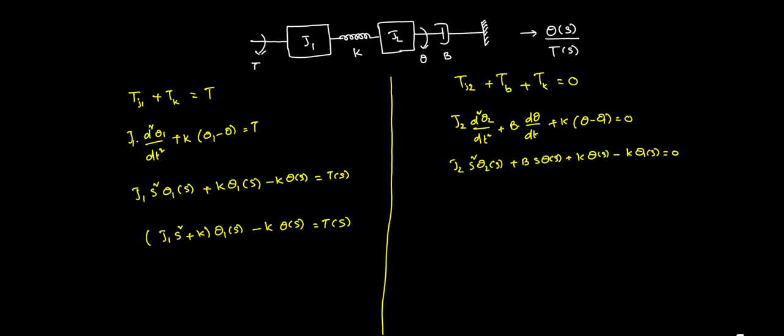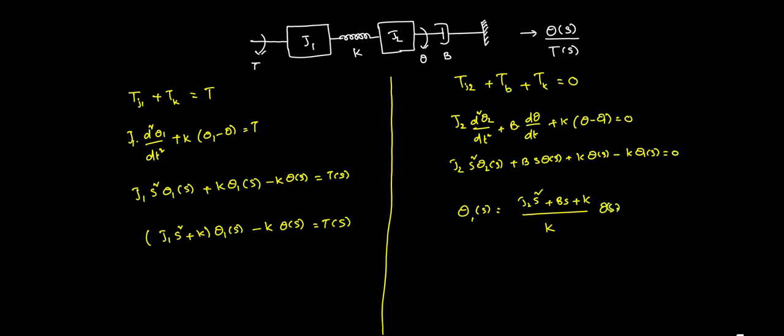So from here, theta 1 of s is equal to J2 s square plus Bs plus K divided by K into theta of s.